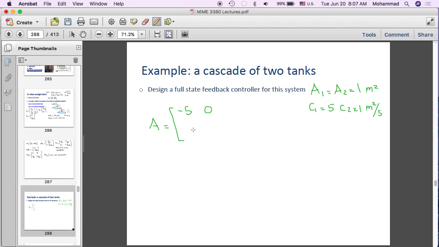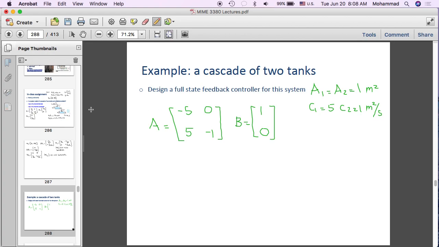Then this becomes C1 over A1 positive, so this is 5. And then this is minus C2 over A2, so it's minus 1. And for the case that is controllable, the input enters the first tank. So this is 1 over A1, which is 1, and this is 0. Please double check to make sure we are doing this correctly. Okay, so these are A and B of the open loop system with the numerical values that we assumed for A1, A2, C1, and C2.